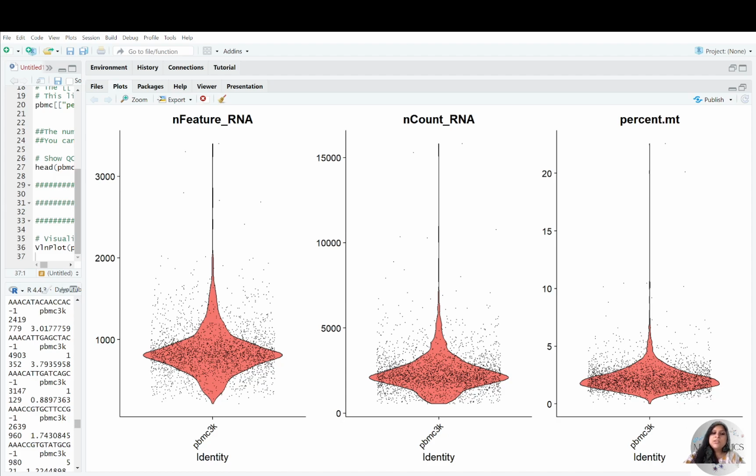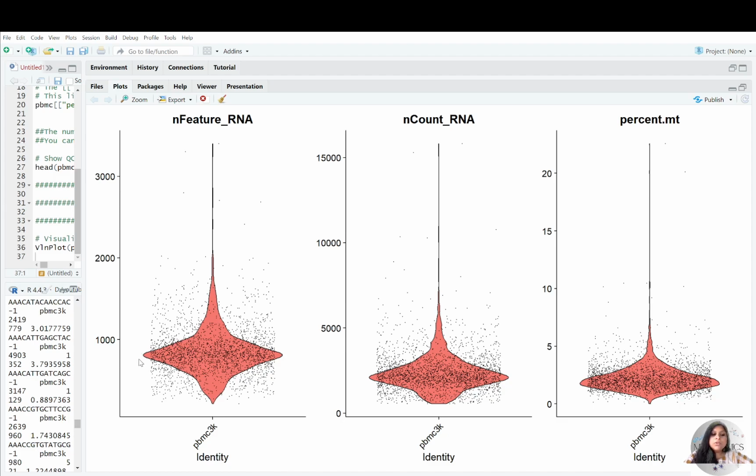If you see the first one, nFeature_RNA, cells with low values likely contain insufficient RNA. Each dot that you're looking at here is a single cell, right? Most of the cells here are concentrated over here.